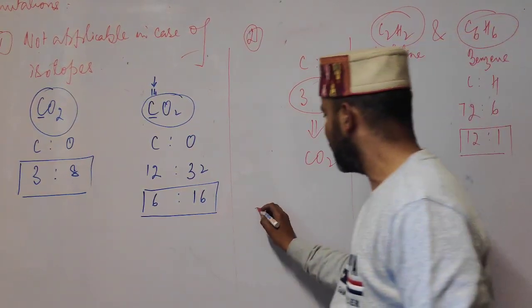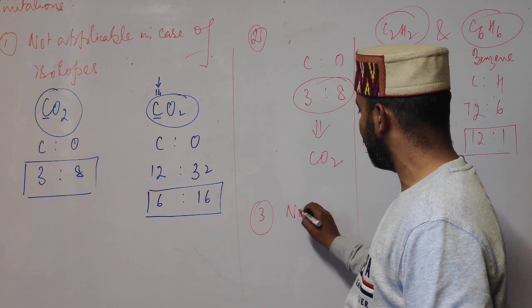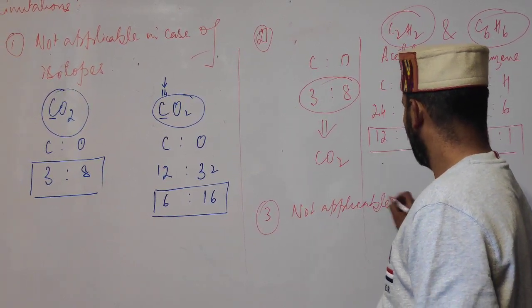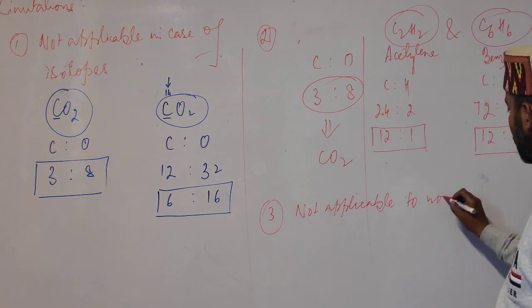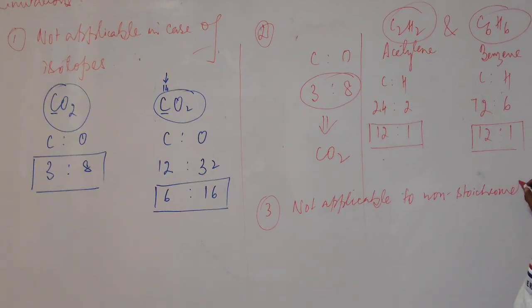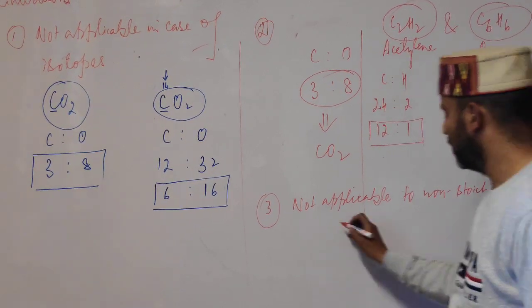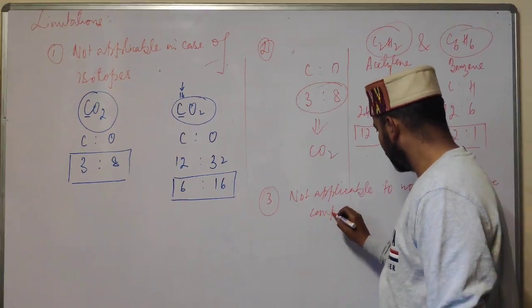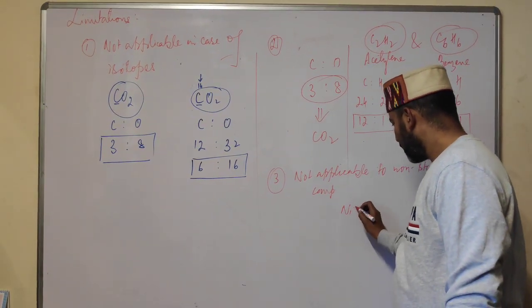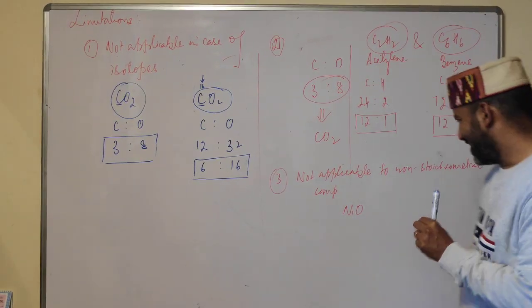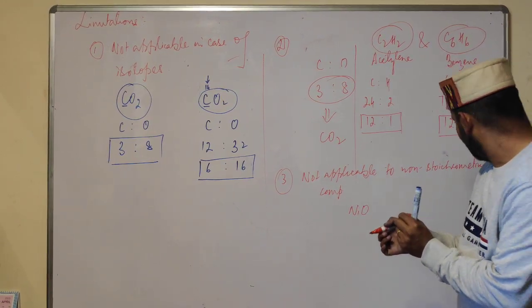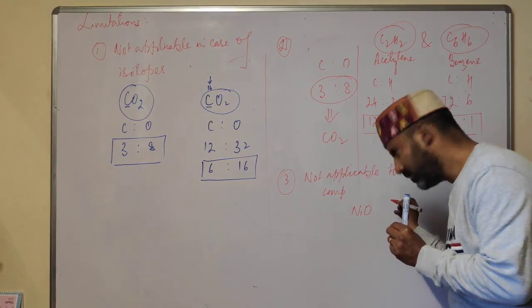Now the third limitation is that this law is not applicable to non-stoichiometric compounds. Now what are non-stoichiometric compounds? These are compounds in which the ratio in which the constituents combine is not actually conserved.